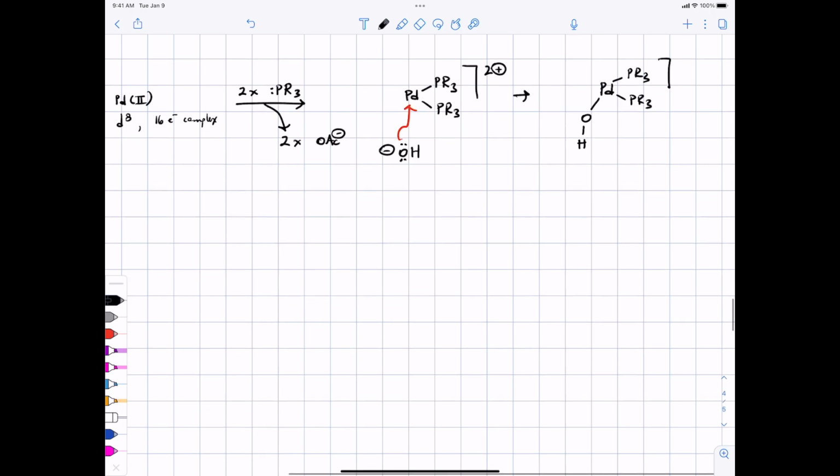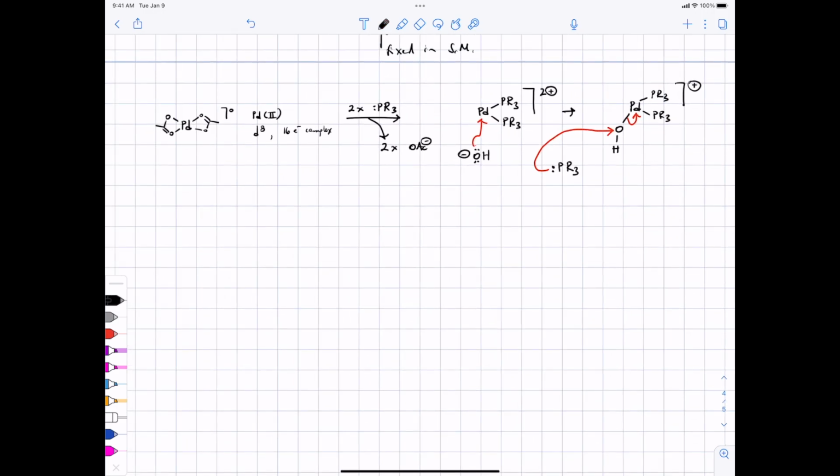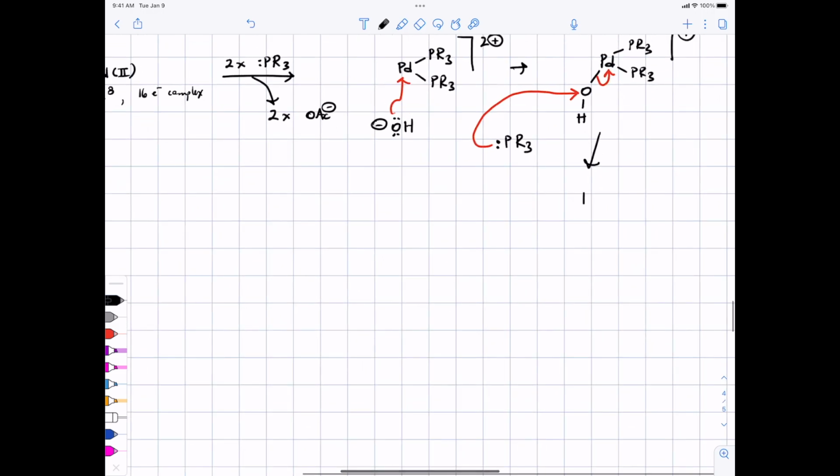Again, I'm sorry for showing you all of this, but what ends up happening is one of those phosphine ligands that you add attacks the oxygen and makes a new bond with oxygen. Phosphorus-oxygen bonds are pretty strong, and those electrons go back on palladium, and that will reduce the palladium to palladium 0.